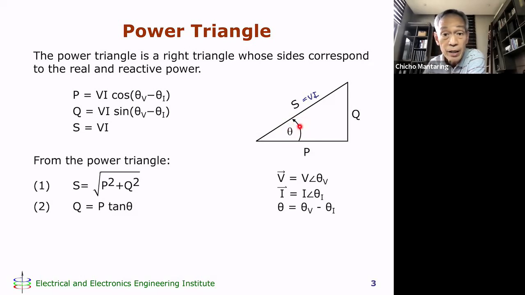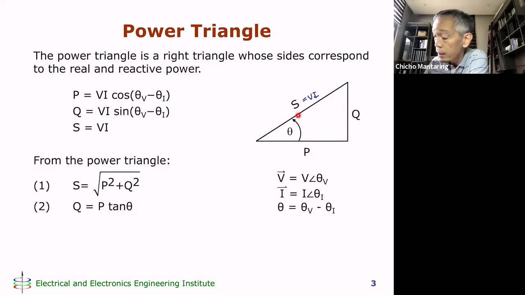But what is this angle? This angle is the phase difference between your voltage phasor and your current phasor. So that's theta_V minus theta_I. Remember, it's the voltage minus the current. So P is S cosine of this angle. That's the expression which we derived for real power. Then Q is just VI sine of theta_V minus theta_I.